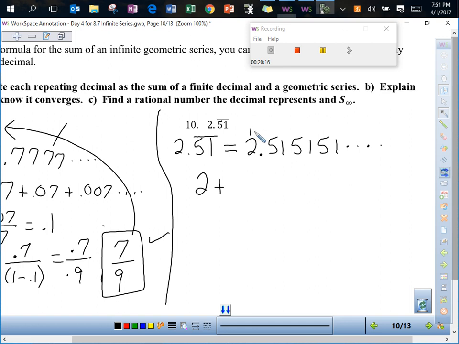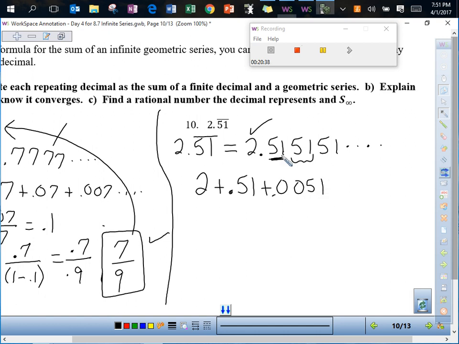So I've taken care of this. Now I'm going to take into consideration what repeats, the 0.51. So guys, I've taken care of these two right here. Now, I need to take care of these two. So I need 1, 2 zeros, and then a 5-1.